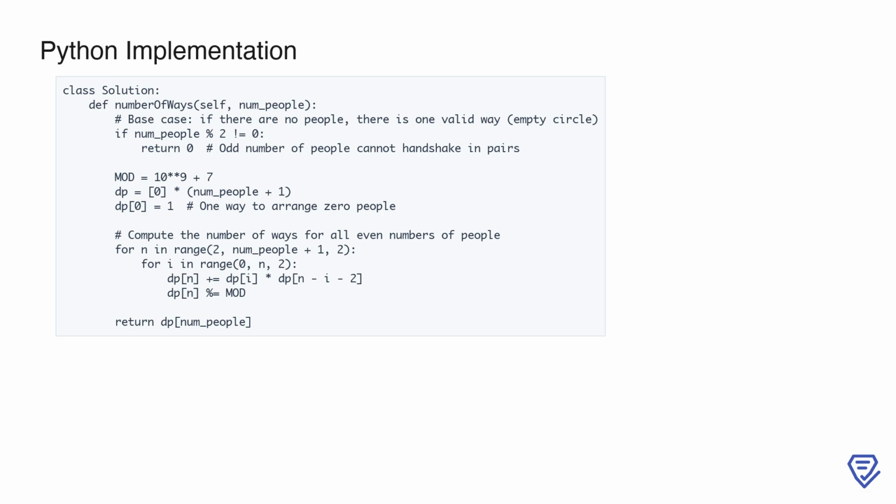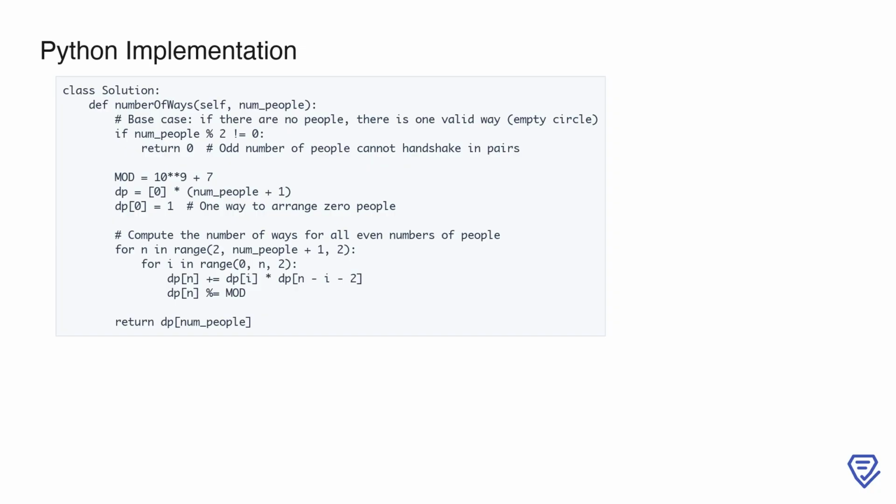4. The outer loop iterates through even values of n, as only even numbers of people can pair up. For each n, we calculate dp[n] by considering all possible partitions of the circle. 5. The inner loop iterates through i, the number of people on one side of a chosen handshake. The formula dp[n] plus equals dp[i] times dp[n minus i minus 2] calculates the product of ways to organize the left and right partitions formed by the handshake. 6.